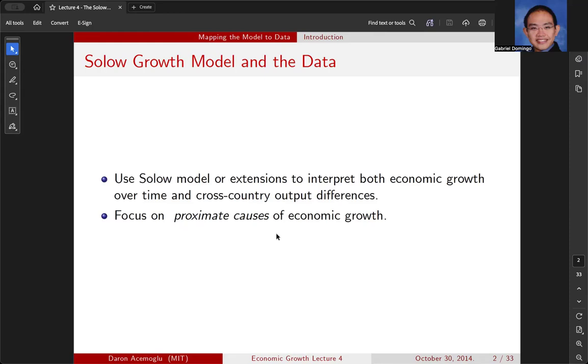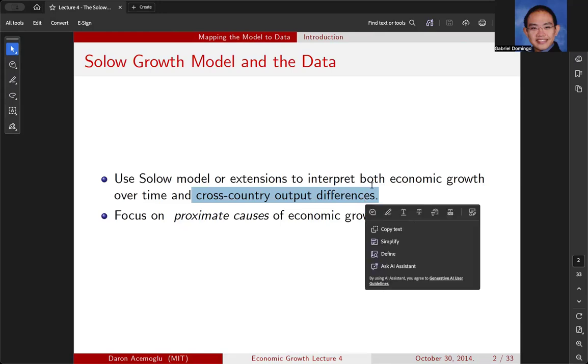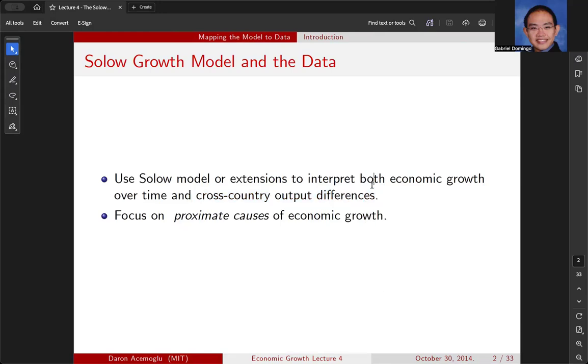The Solow growth model or extensions interpret both economic growth over time and cross-country output differences. So in these slides, we will focus on the cross-country output differences interpretation with a little bit of growth accounting in there. The economic growth regressions are mainly the regressions where you can test theories about convergence.